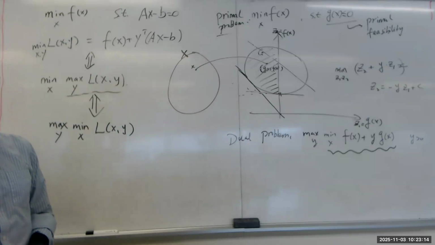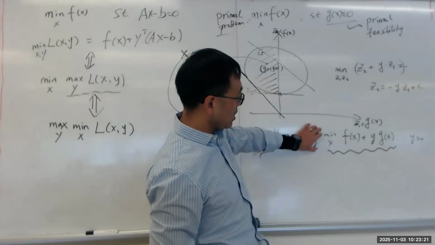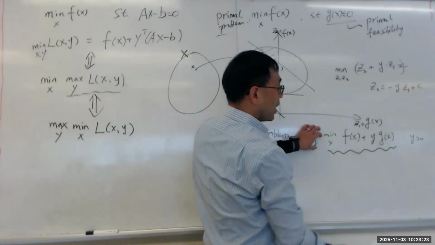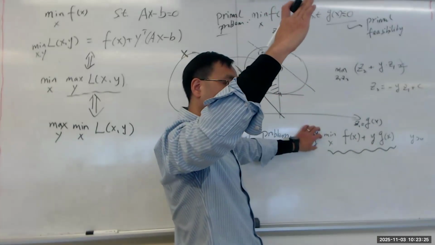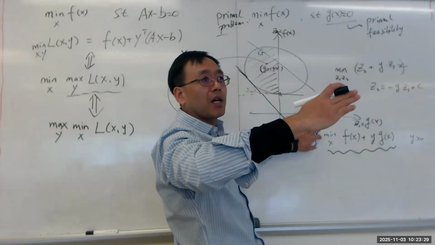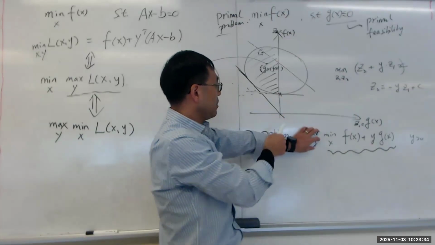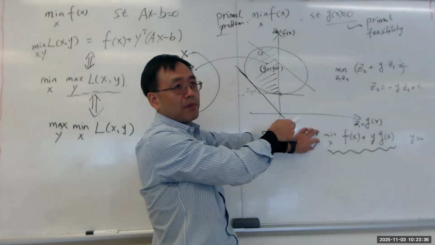I think this should be clear, okay, because of the first step for the max min, the first minimization problem, right? You're basically saying your minimized point is going to be on the tangent line, and the minimum value is just the intercept.